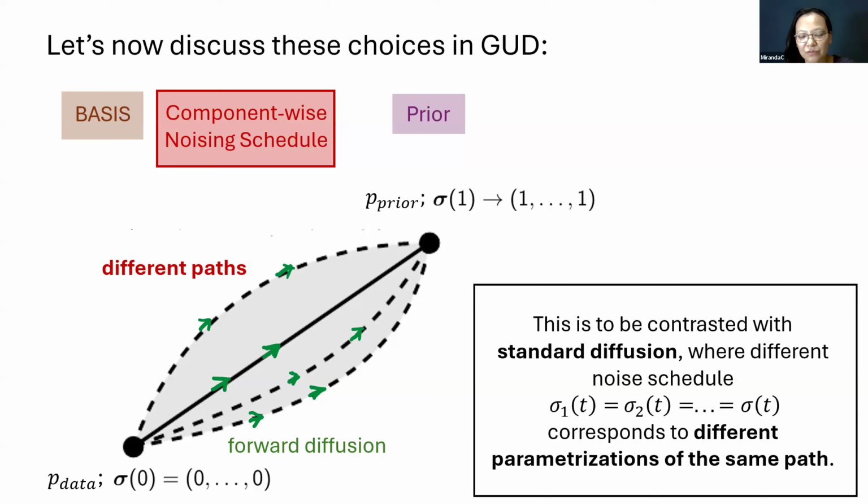Note that this is very different from the discussion of noising schedules in standard diffusion, because those all amount to the same diagonal path, since you choose all the sigmas to be the same for all degrees of freedom. So the discussion of noising schedules in standard diffusion is really about different time parameterizations of the same path. Here we're really talking about taking a different path.